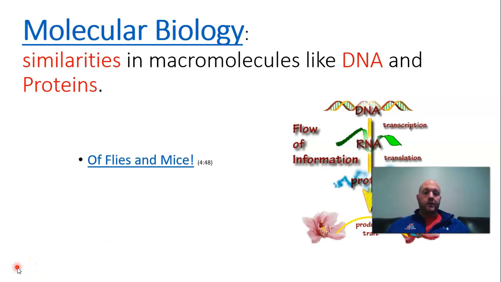Our last one for evidences of evolution, in the 5, is molecular biology. If you click on this so sweet link right here, you'll find out that things are relatively close to the same. Concept is pretty easy. If you are saying that evolution takes place because things change over time and they vary and they have commonalities and differences, then you should see those commonalities and differences in, obviously, the things that make them up.